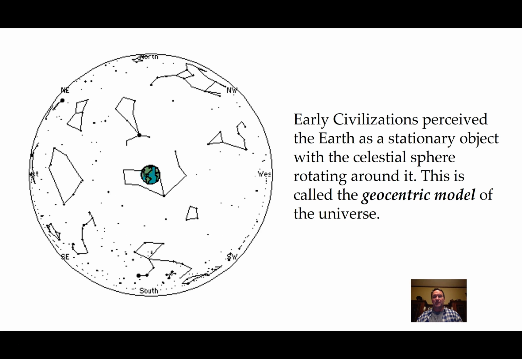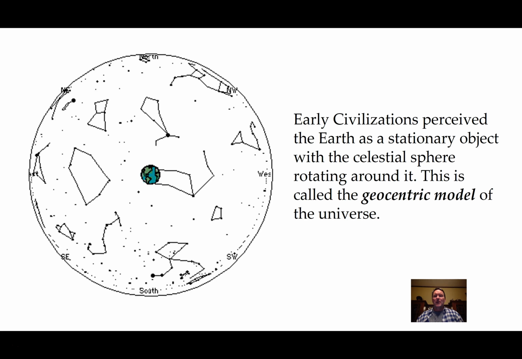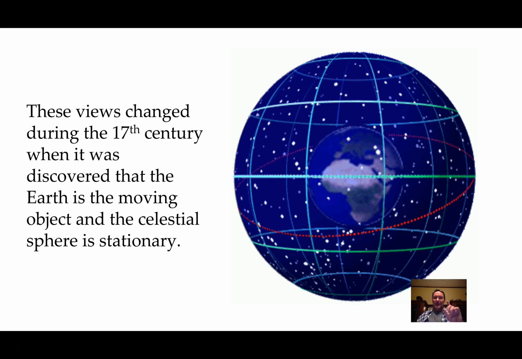Now, in the 17th century, we started to ask what in reality is causing these motions. We transferred over to what is called the heliocentric model. With the heliocentric model, the sun is at the center and everything else moves around it.